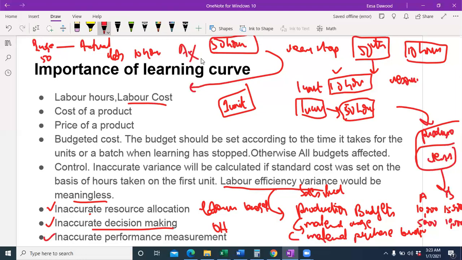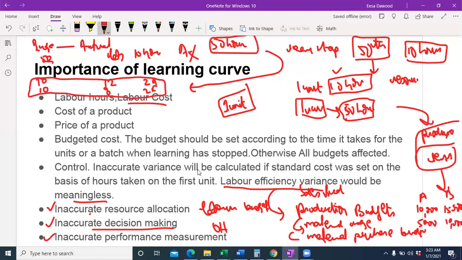It's just wrong, because you set your standard inaccurately. Now if the standard was 10 and labor took 12 hours, that would go adverse. But if the standard time for the 50th unit when learning stopped should have been 10, not 50, and labor took 8 hours, that would be favorable. So now it will make the variances meaningful.